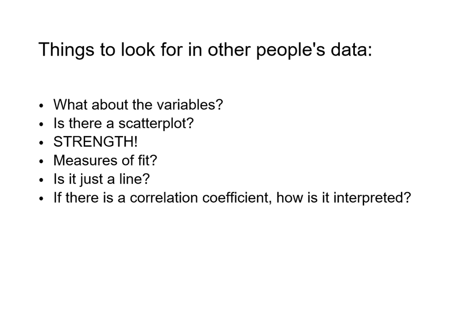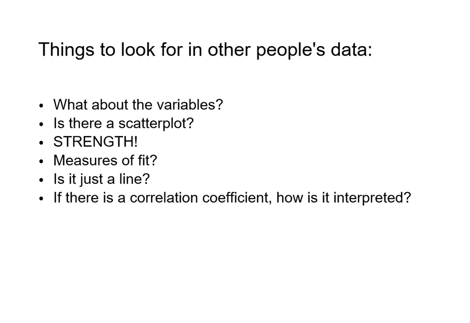How are these values interpreted? And what do they imply about the usefulness of the least squares line? And if there's a correlation coefficient, how is it interpreted?